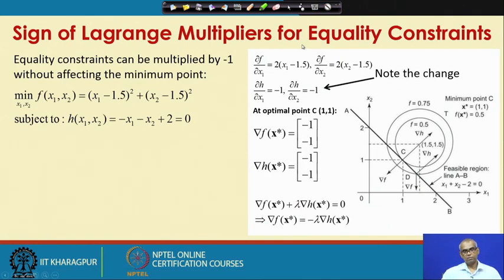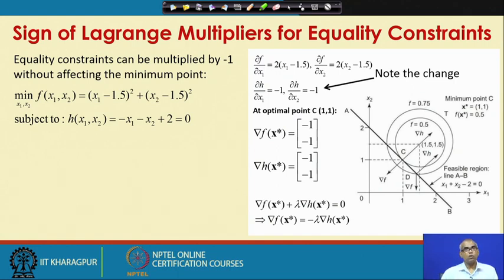Now, what happens to the sign of the Lagrange multiplier for equality constraints? Equality constraints can be multiplied by -1 without affecting the minimum point. So let us consider the same optimization problem, x1 minus 1.5 whole square plus x2 minus 1.5 whole square, with the same equality constraint, but now instead of x1 plus x2 minus 2 equal to 0, I am multiplying it by -1 and we get minus x1 minus x2 plus 2 equal to 0.